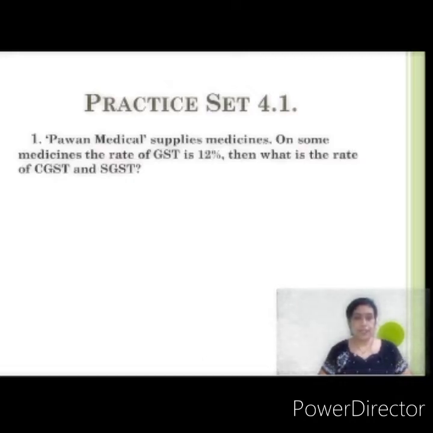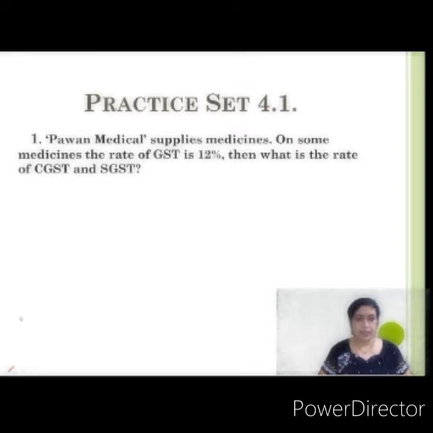So the first example, let us read it. Pawan Medical supplies medicines. On some medicines, the rate of GST is 12%. Then what is the rate of CGST and SGST? Okay.